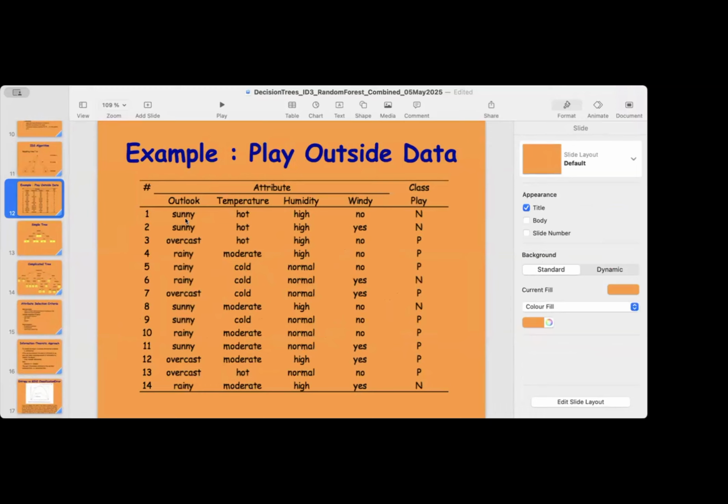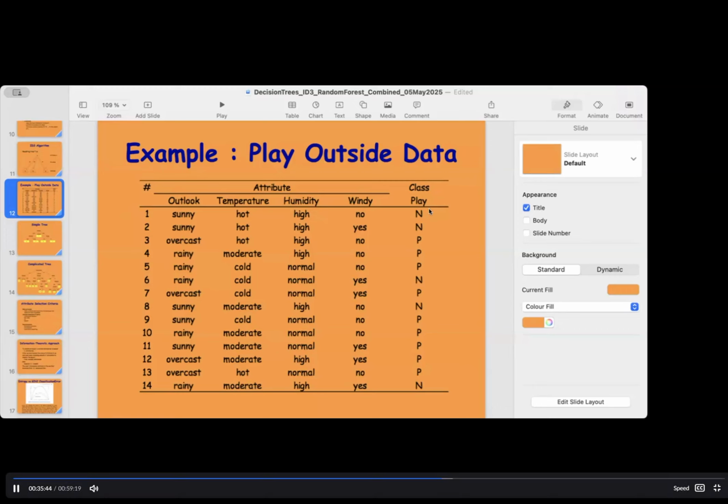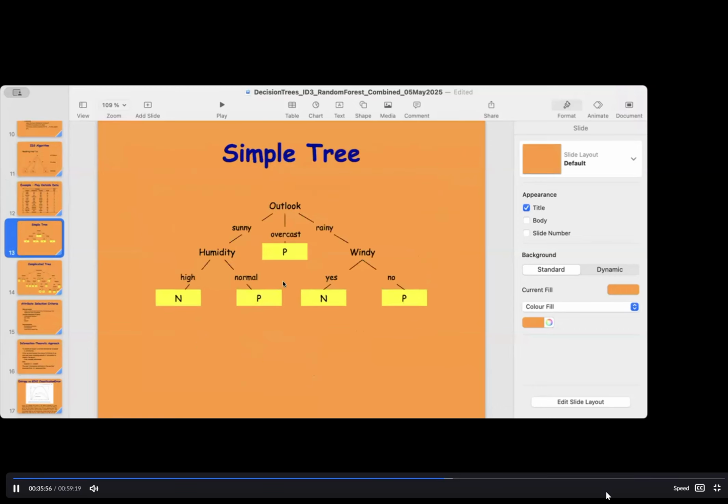Okay, so again, sunny outlook, temperature hot, humidity high or low, wind, is it windy? Then should we go outside and play? P is for yes and N is for no. By using this data, we could produce a tree like this.